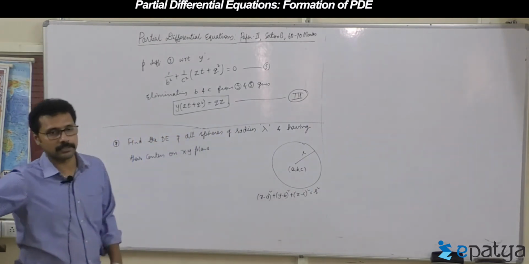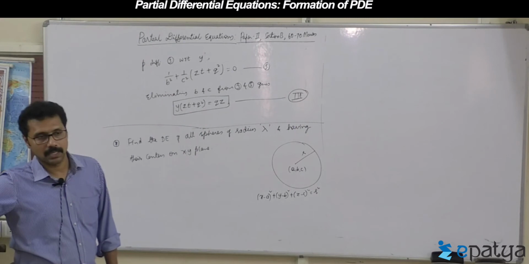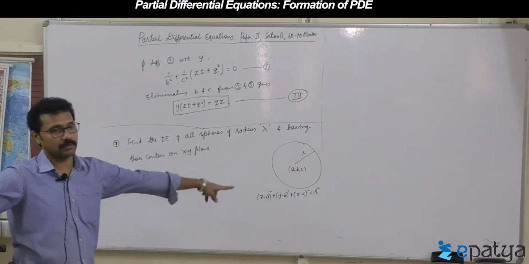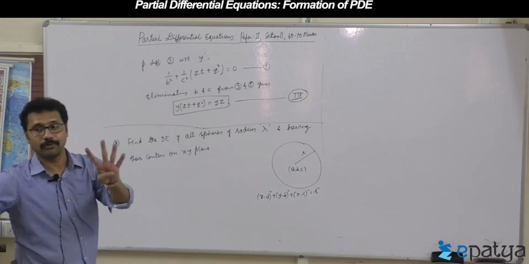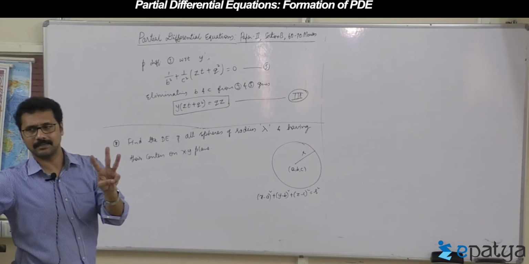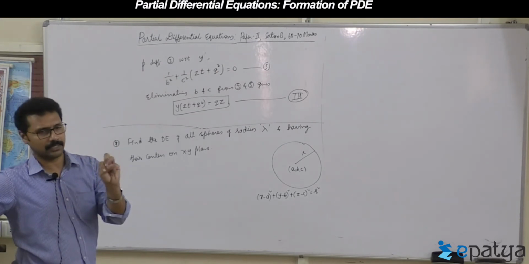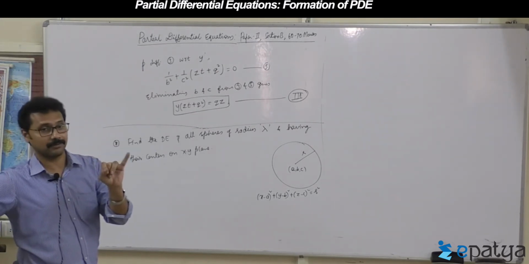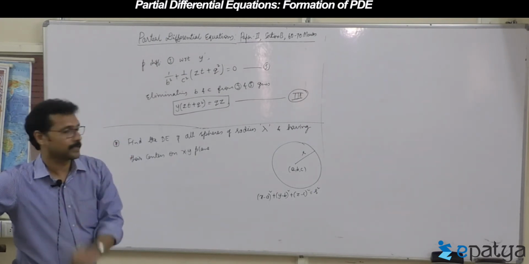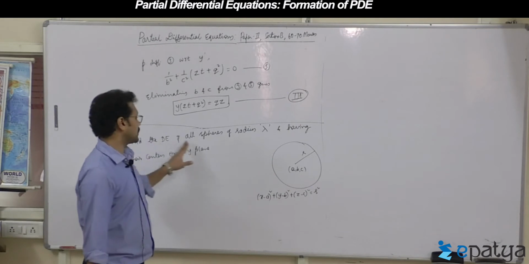How many arbitrary constants? In the center itself there are 3 arbitrary constants a, b and c. Along with the radius, 4 arbitrary constants.